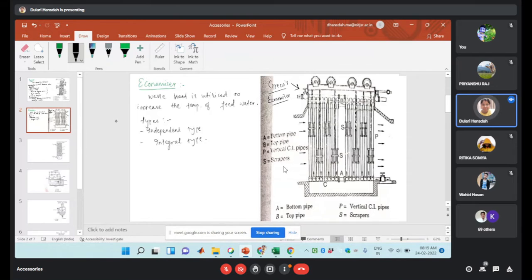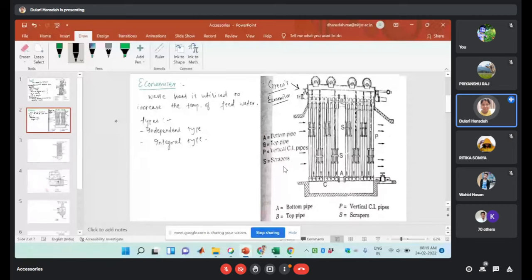Okay, so first the flue gases coming out from the boiler will pass to the economizer, then go to the air preheater, then to the chimney. So independent type means it will be installed apart from the boiler setting, and the flue gases coming out from the boiler will be utilized in the economizer first.